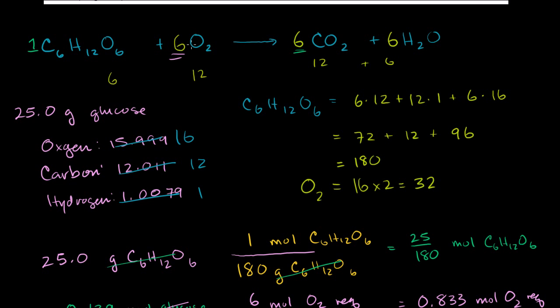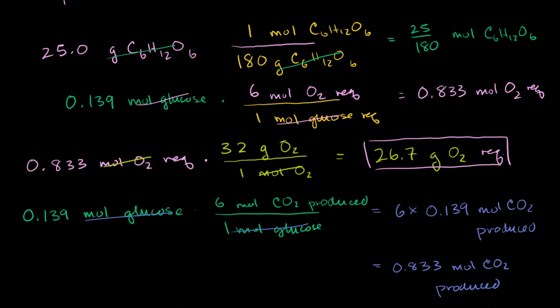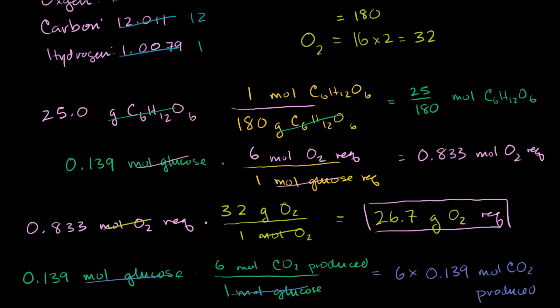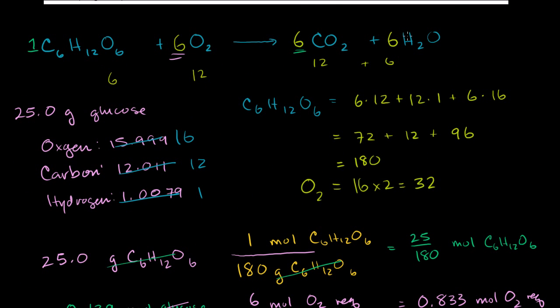For every mole of this used, you have a mole of that produced. So by the very same logic, you're also going to have 0.833 moles of water produced. For every mole of carbon dioxide, you have a mole of water. Here it's 6 for 6, but it's a 1-to-1 ratio.